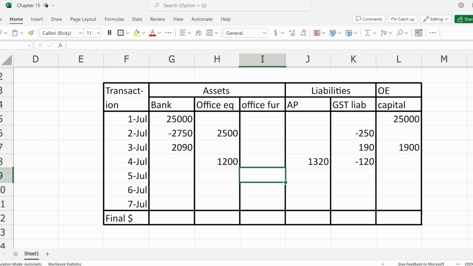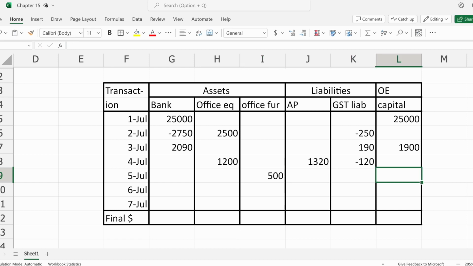Let's just say he had a piece of furniture that he donated that was worth $500 to the business. That means it would increase the business's office furniture value by $500. So on the asset side, it's plus $500.